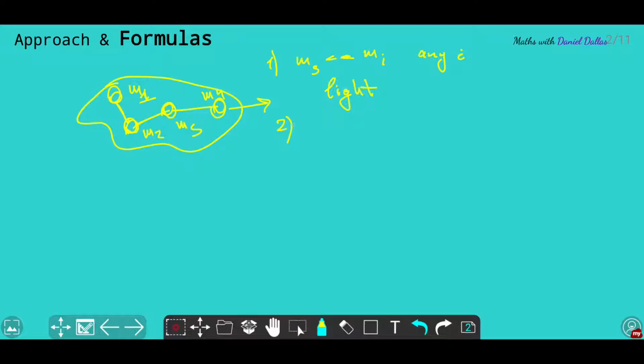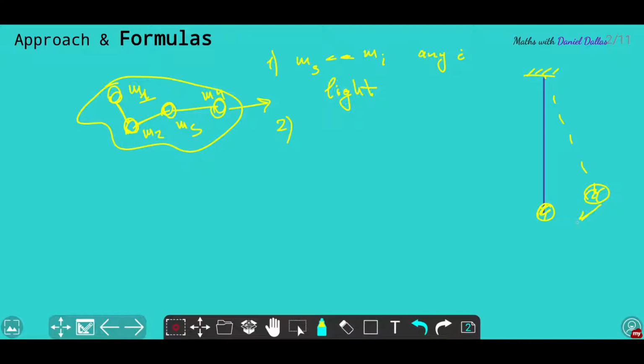Basically, you cannot stretch this string. It keeps the size the same, it keeps the length the same. This is the same as for a pendulum. Remember, if you have a pendulum, it can be represented by a ball which is attached to the ceiling, and you hold it, deviate it by some angle, and then release it.